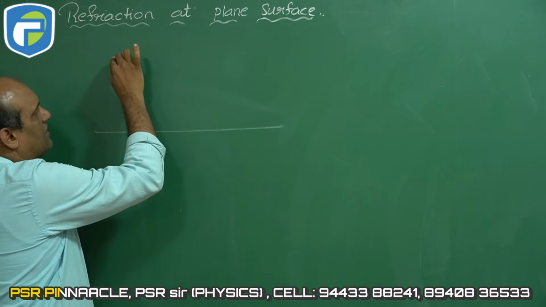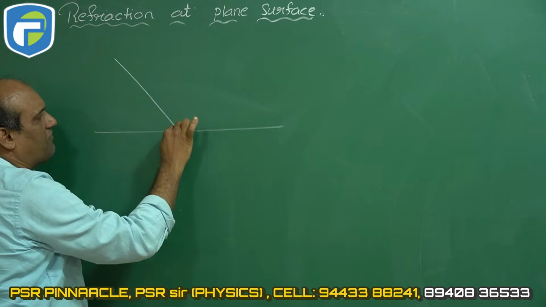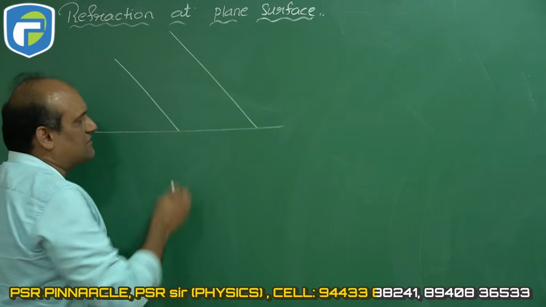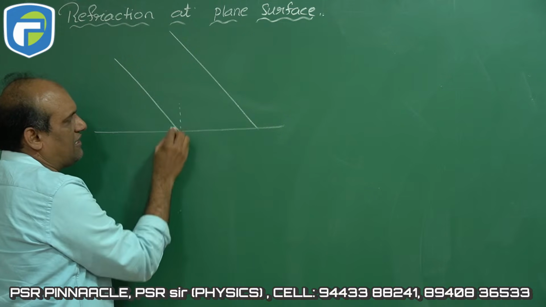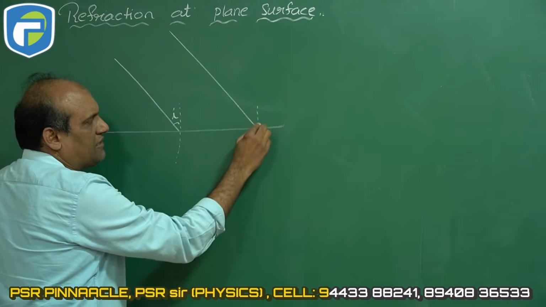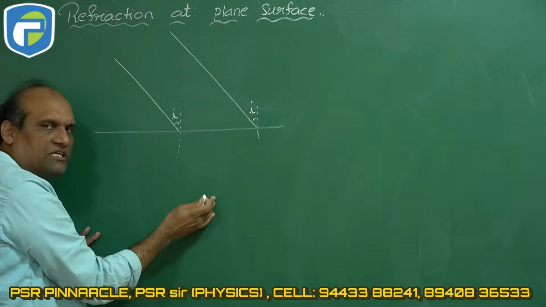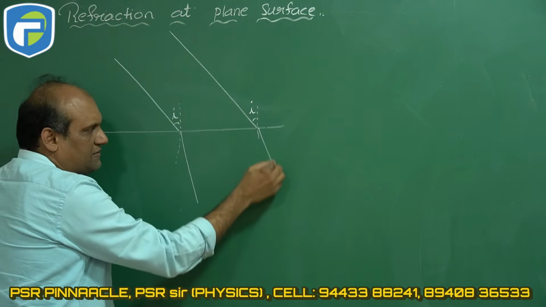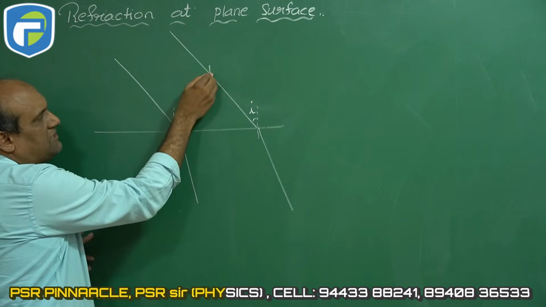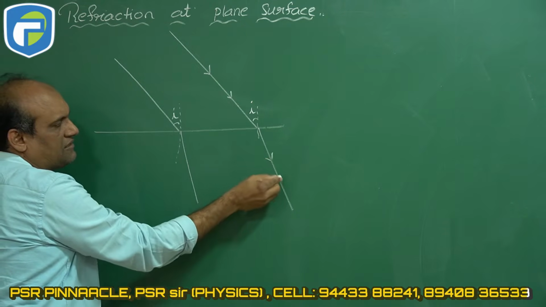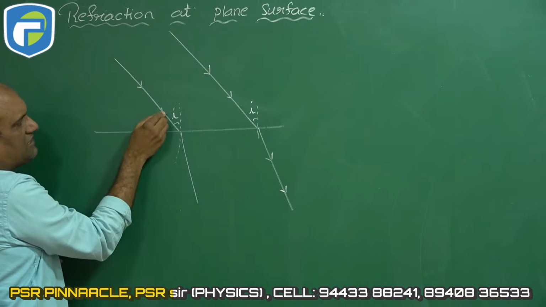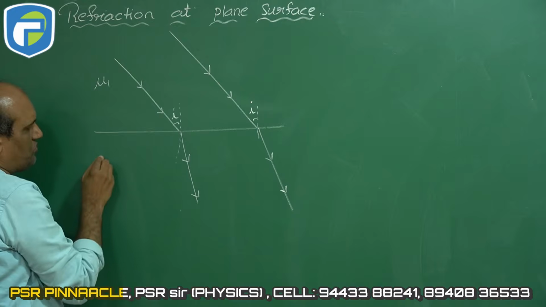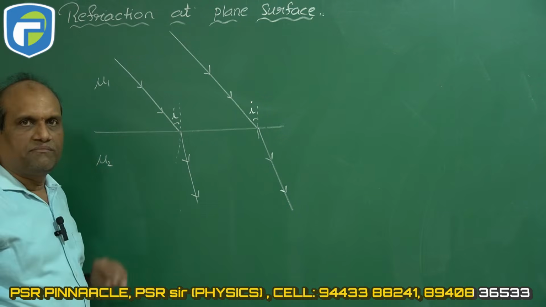See here, a parallel beam of light rays incident at an angle I. Since the medium changes, it deviates from its path. So this is the light ray, travels from the medium of refractive index mu1. Mu1 is the refractive index here and mu2 is the refractive index in the second medium.